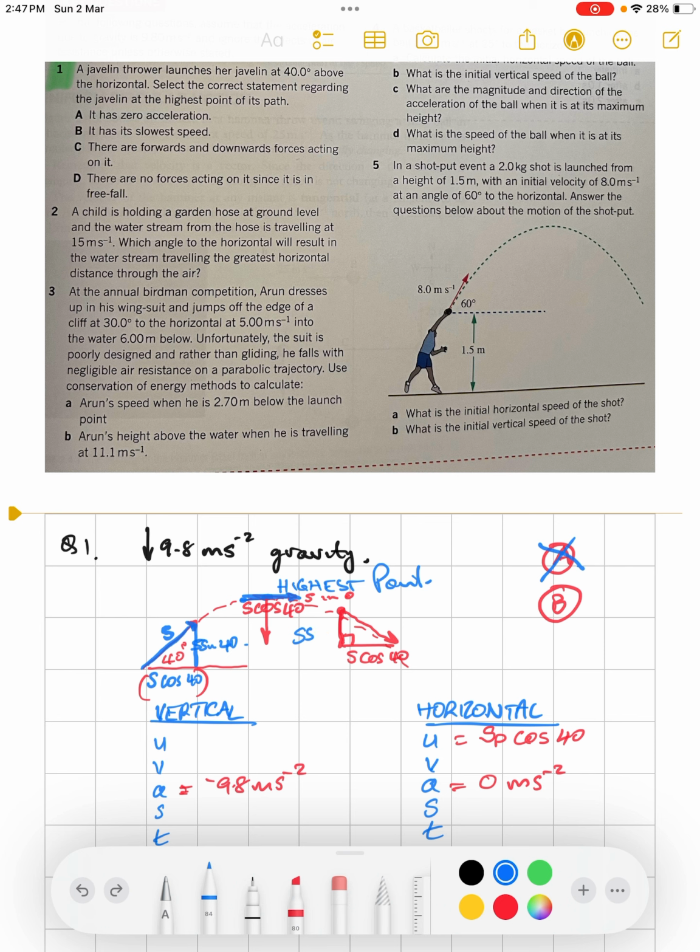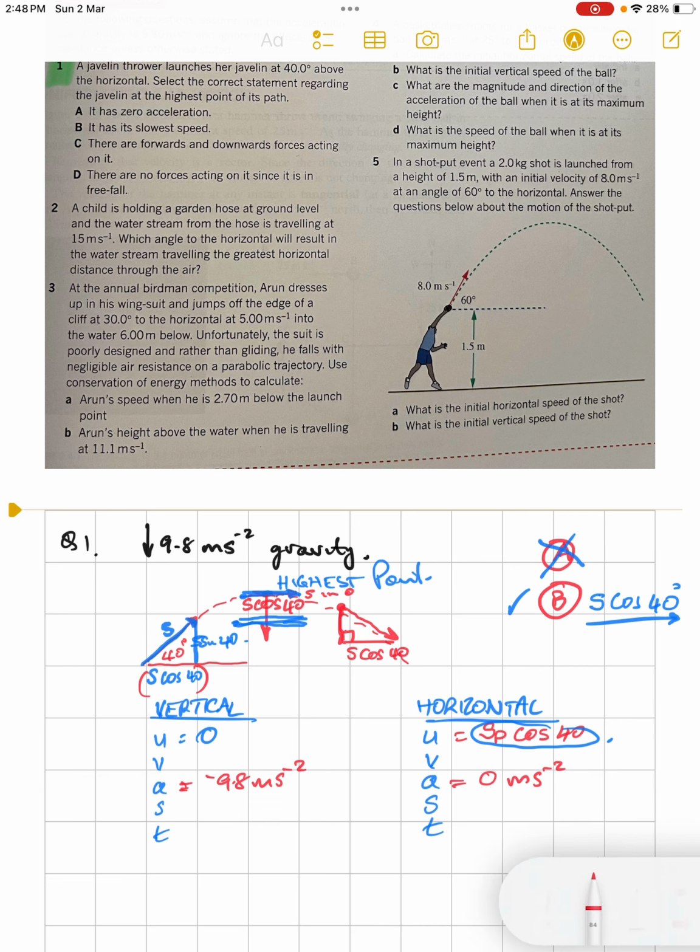All the vertical changes. So at the highest point, it's dropped down to S cos 40, and then it just gets bigger again. The speed increases. So yes, it is at its slowest speed, which happens to be S cos 40, the initial horizontal component. This doesn't change. So when our vertical velocity is 0, we're down to S cos theta. So yes, B is correct.